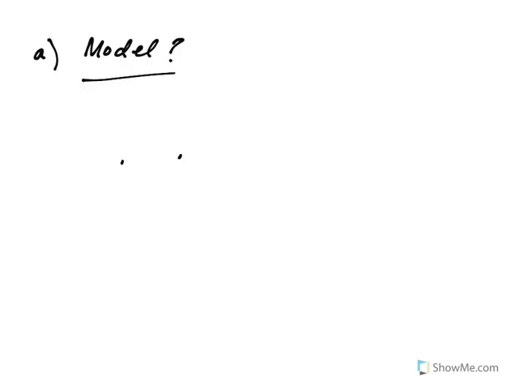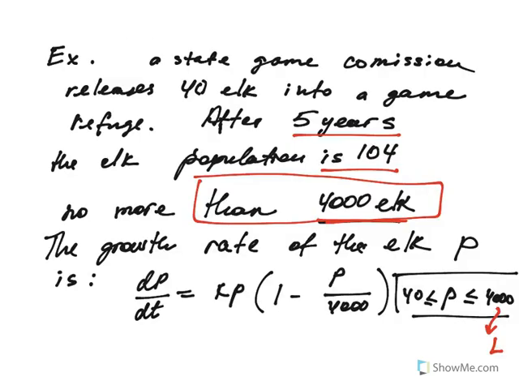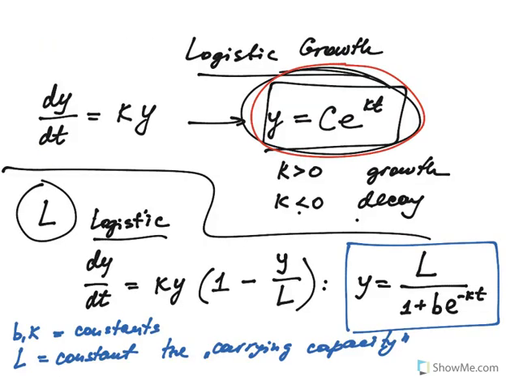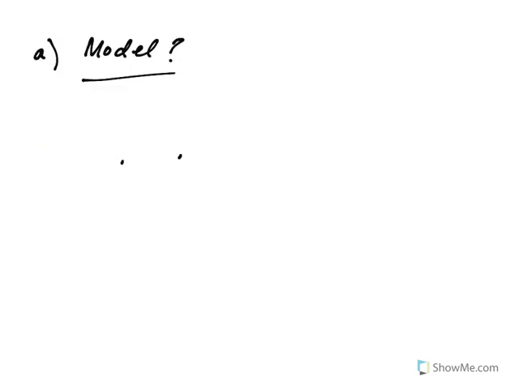Well, if you remember, somewhere in the beginning, I gave you this formula that represents the logistic model. It's right here. Y equals, let me just copy it down here again. So y equals L over 1 plus b e to the power of negative kt.